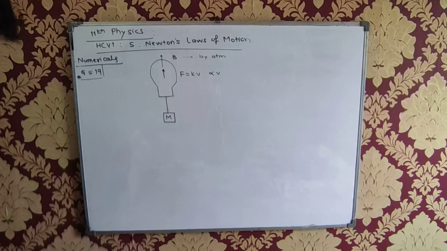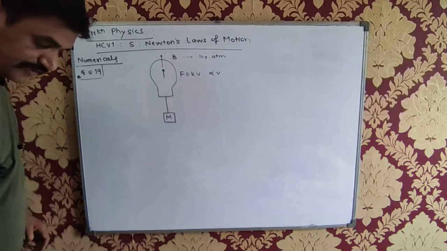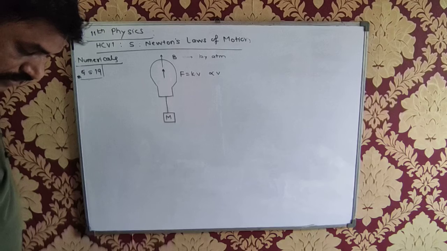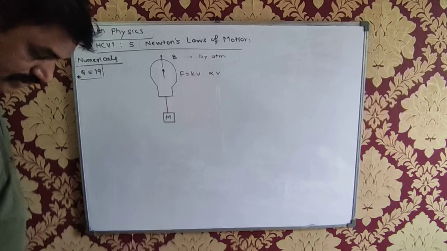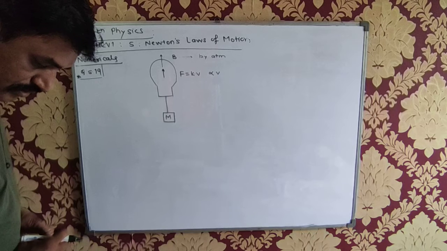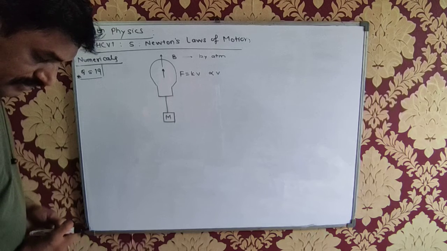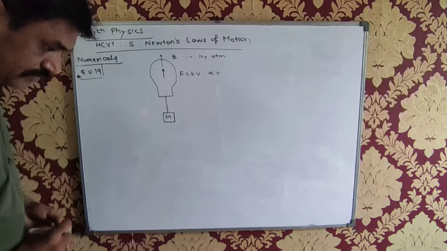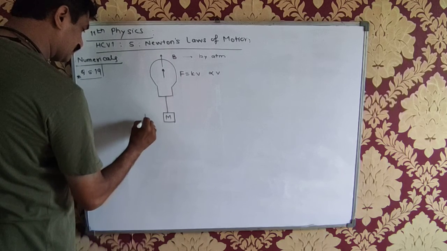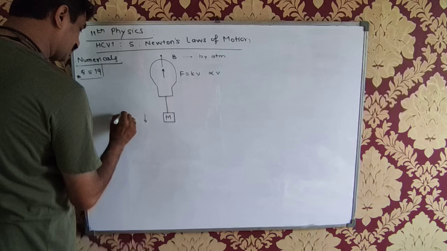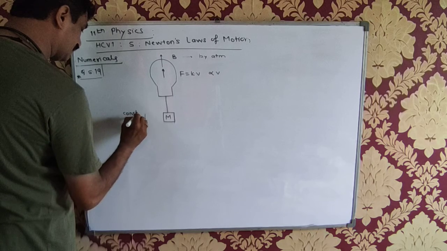The balloon carries a mass m and is found to fall down near the Earth's surface. This is the mass m. It is found to fall down near the Earth's surface with a constant velocity v. Okay, so it falls down with constant velocity v.